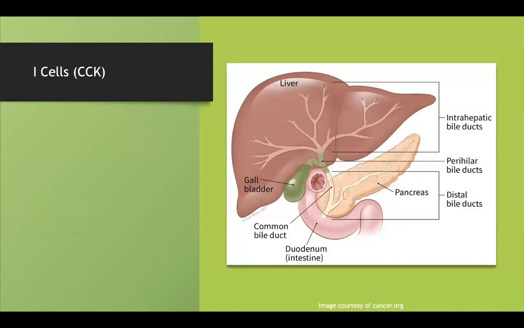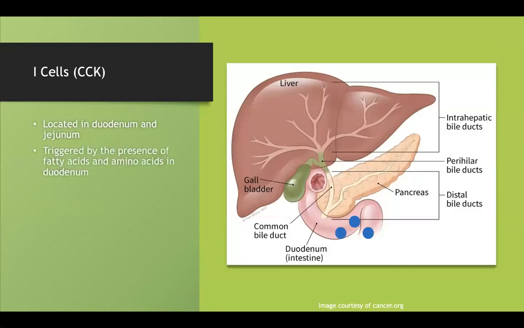So in our small intestine lecture, we talked about I cells that end up secreting cholecystokinin. These are cells that are located in our duodenum and jejunum. And then when we eat fatty foods or proteinaceous foods, you're going to get I cells stimulated. And so once these I cells are stimulated by fatty acids, let's say, they can secrete cholecystokinin, which has a few effects.